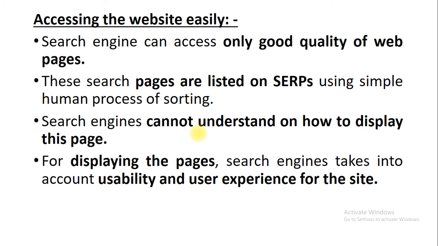If your website contains good quality content, your pages will appear on the search engine result pages, but a search engine cannot understand in what order it needs to show the pages. Definitely, a user can apply experience of the website.